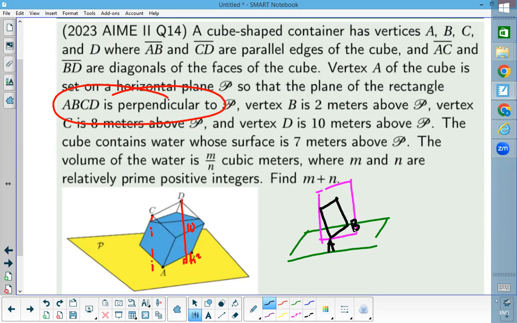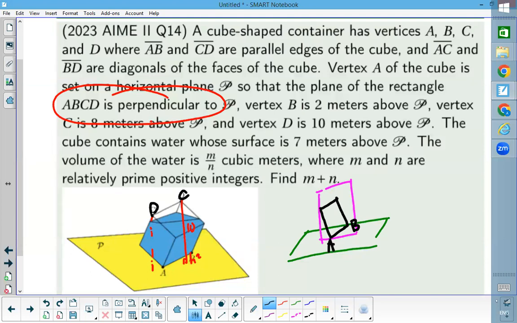Wait, hold on. The diagram is labeled a little bit differently. The rectangle ABCD. Sure, the original labeling is correct; it's just that the rectangle is ABDC.